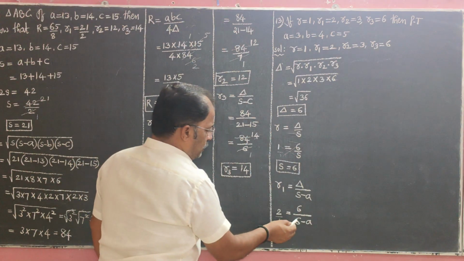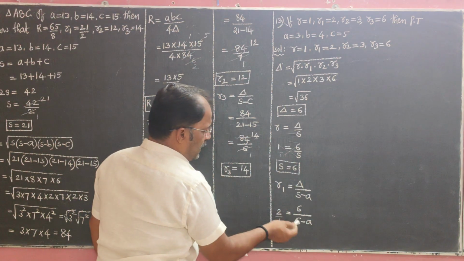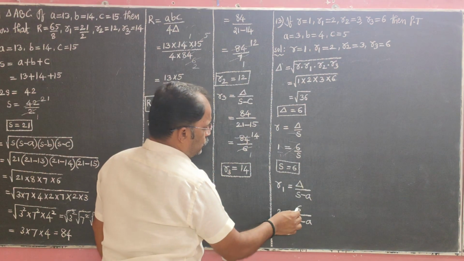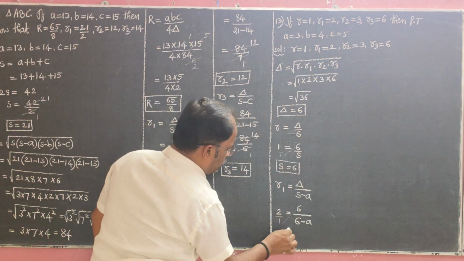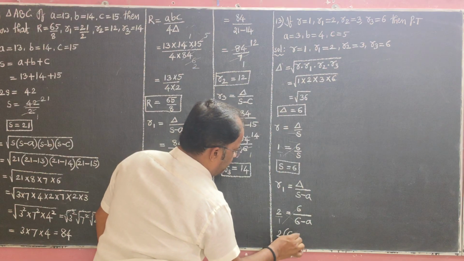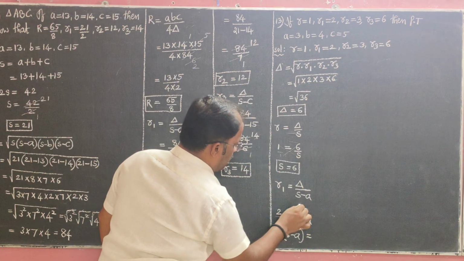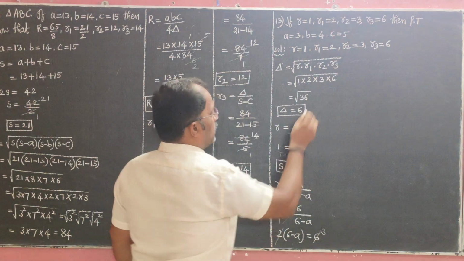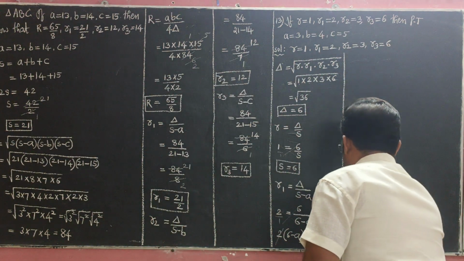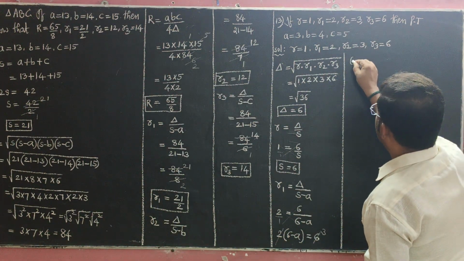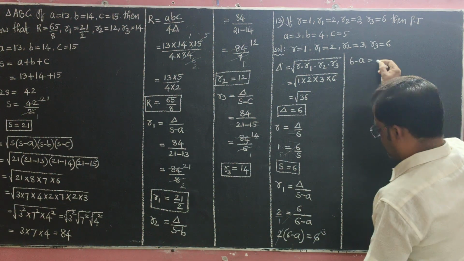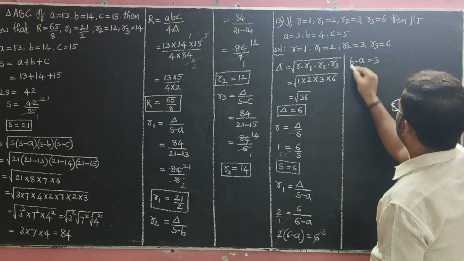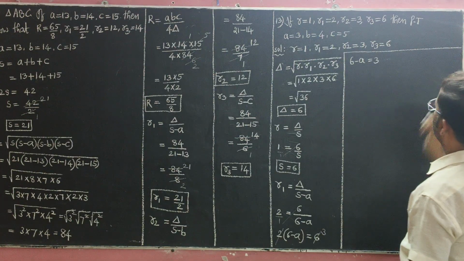Okay, right. Cross multiplication: R on the LHS and RHS we can cancel. 2 into 6 minus A equals 1 into 6. So 2 1s are 2, 2 3s are 6, and now we have 6 minus A equals 3.